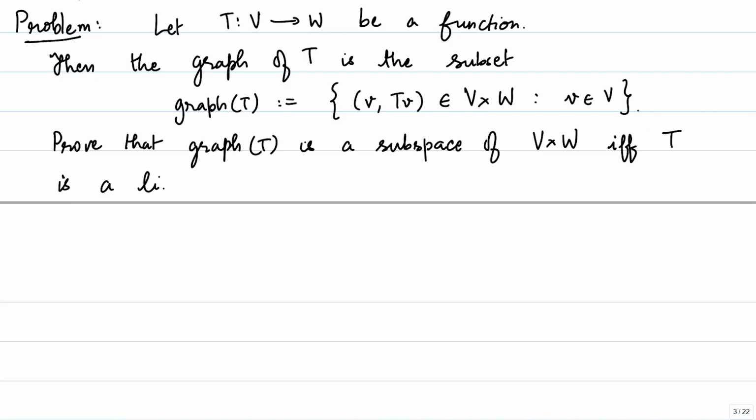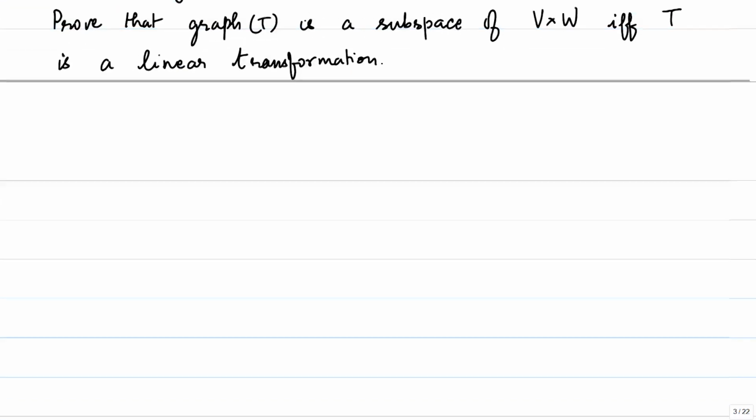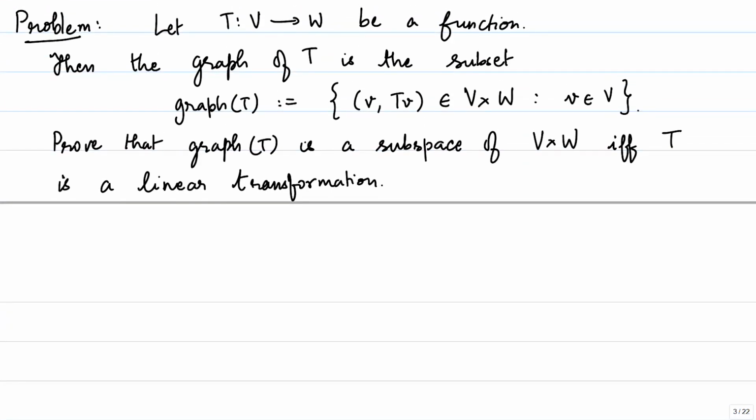So the problem tells us that graph of T is a subspace if and only if the function T is a linear transformation. So in some sense, this is another characterization of when a function is a linear transformation. Okay. So there are two parts to this problem.